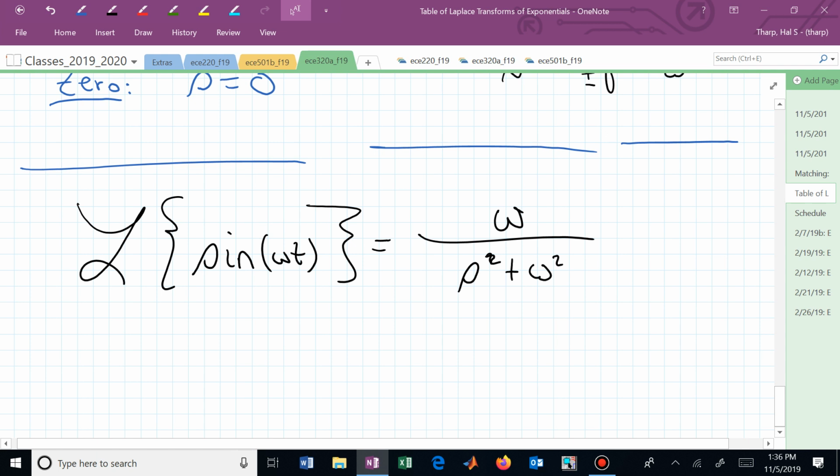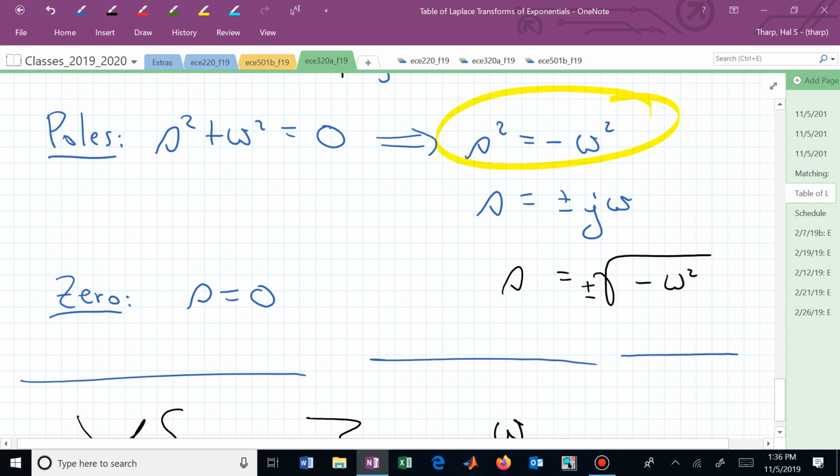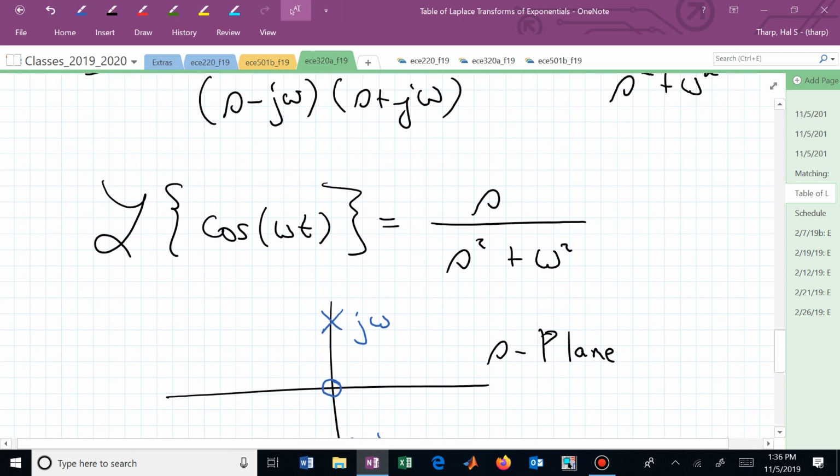I saw a hand, I thought. Yes? Wouldn't you have a zero at infinity with the cosine function too? So now, if we went back to the cosine, do we have any zeros at infinity? How many? We have 1. So now you're looking at s going to infinity, and now you have s over s squared, which looks like 1 over s. You just have one value of s going off to infinity, causing that to vanish.